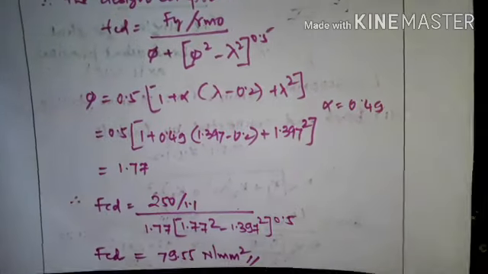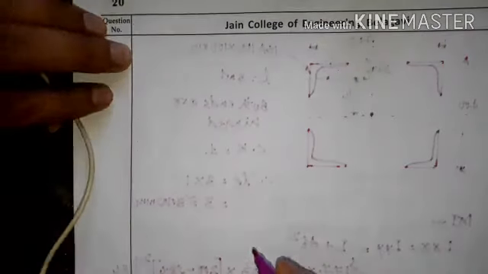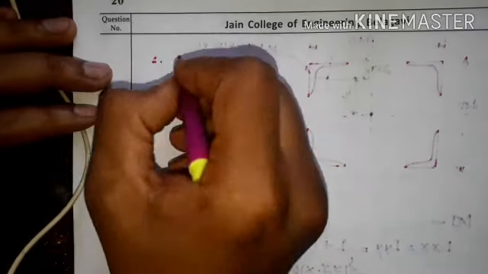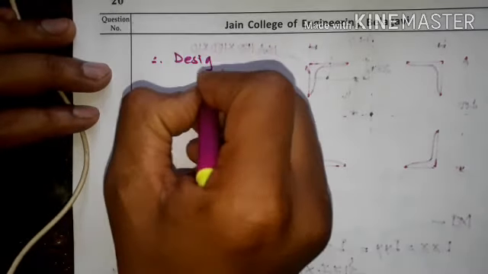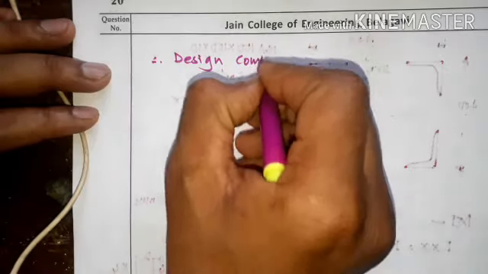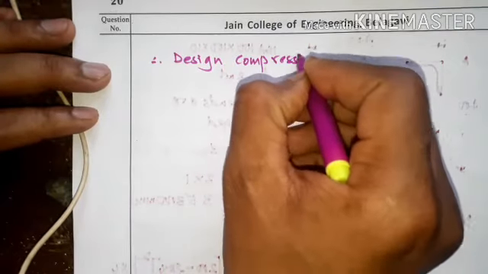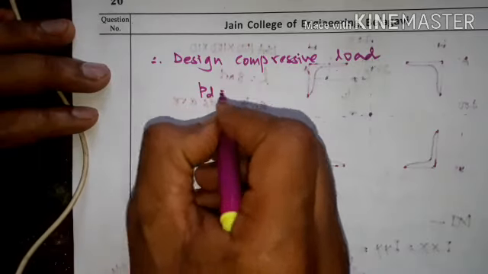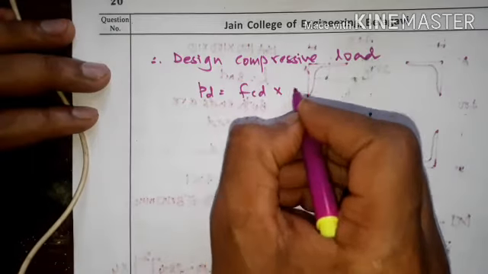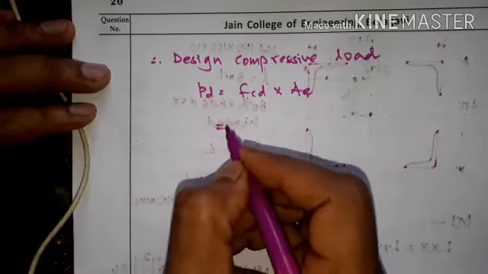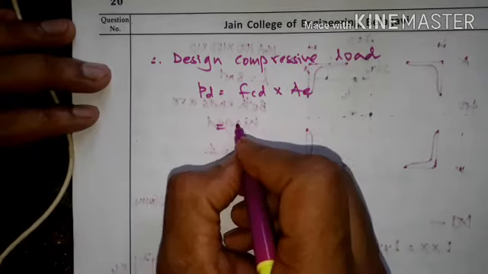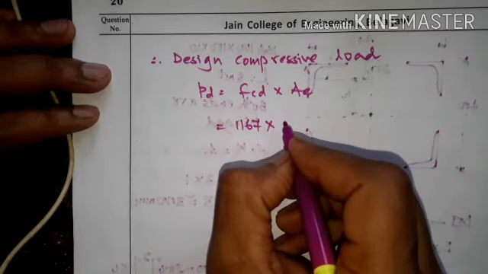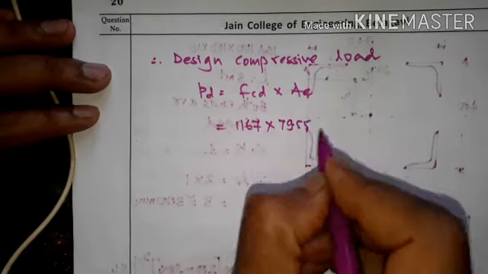So next, therefore design compressive load PD is equal to FCD into area. We have got area as 1167 and FCD as 79.55 Newton per mm square.